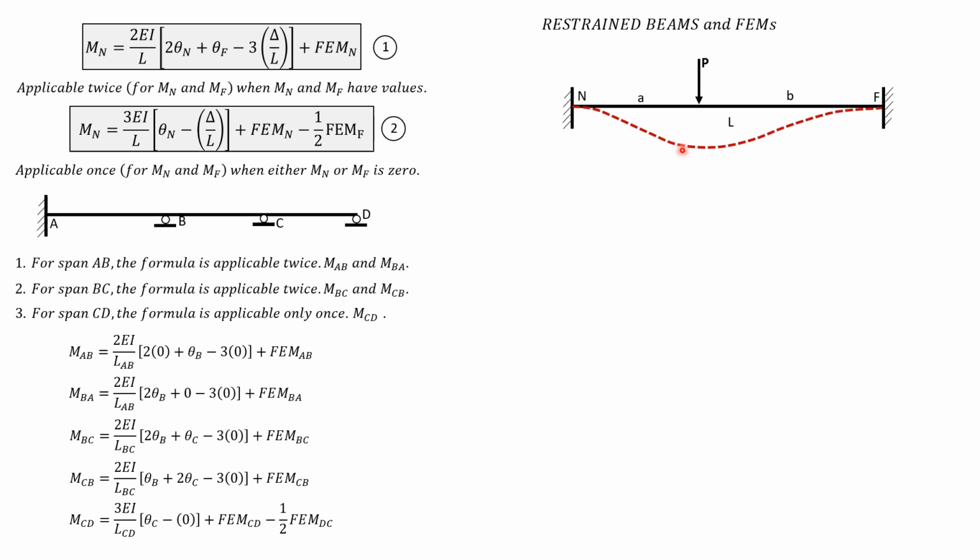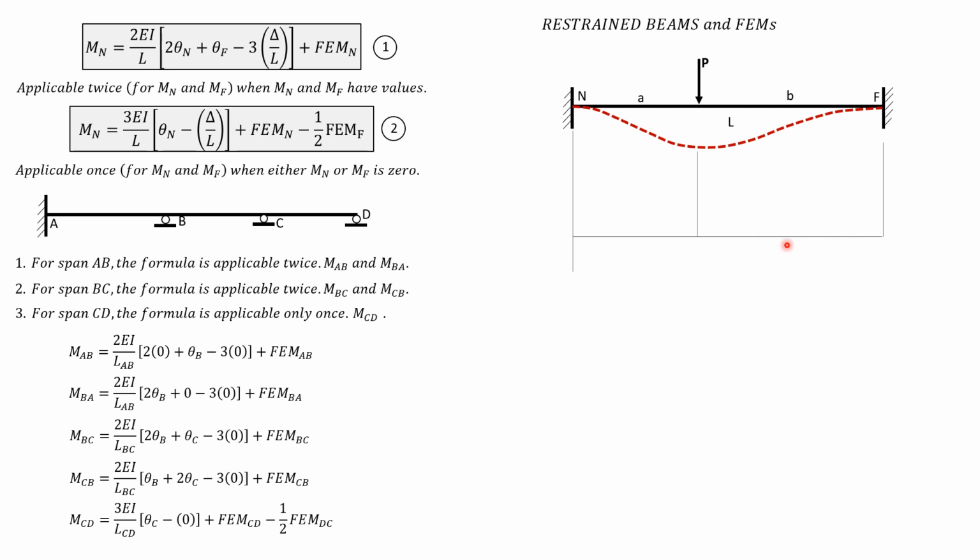So this is the deflected shape. And take note that the curvature at the support is really concave down, so we expect negative moments at the ends. We only expect positive moments here because this curvature is concave up. So that's positive moment, but at the end, it's negative. But in our derivation, let's assume that moments are positive.